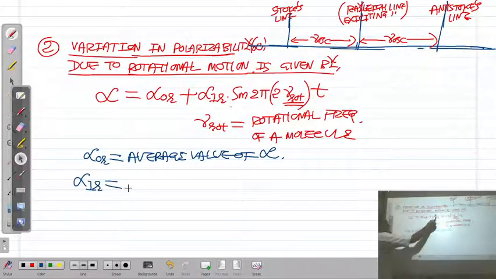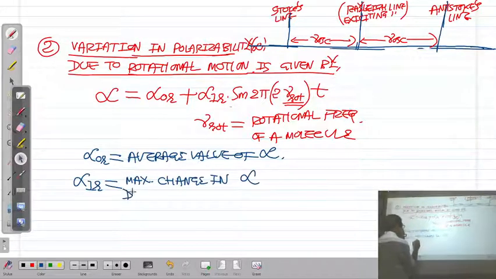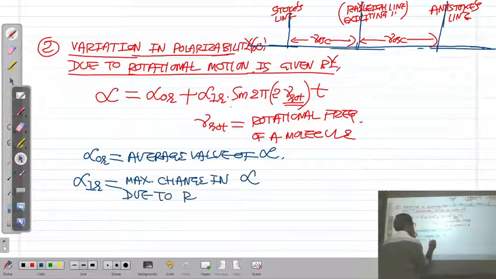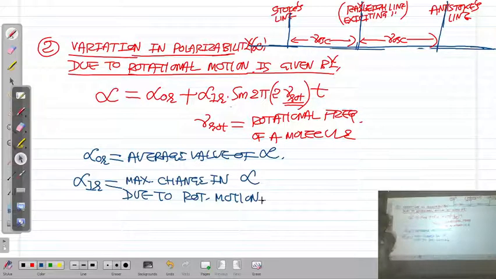What is alpha 1r? Alpha 1r is the maximum change in polarizability alpha due to rotational motion, during the rotational motion, right?